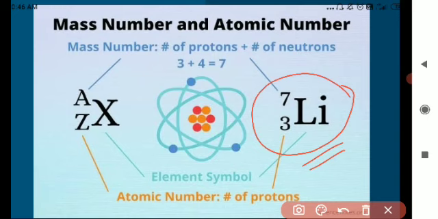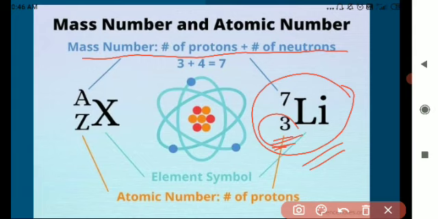How will you find it? From the atomic number. If the atomic number is 3, that means the number of protons is also 3, and the number of electrons is also 3. And what is the mass number then?